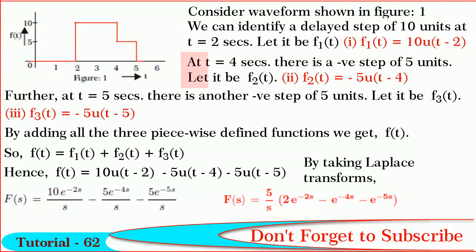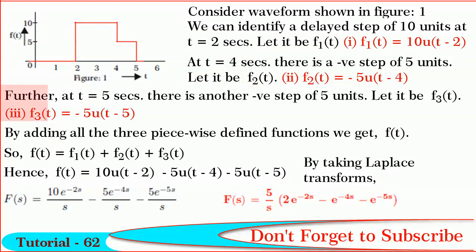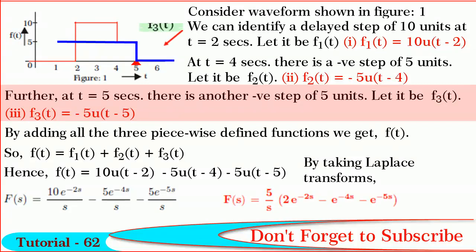But at t equal to 4 seconds, there is a negative step of 5 units, and let it be f2(t), and f2(t) is equal to -5 u(t-4). Further, at t equal to 5 seconds, there is another negative step of 5 units. Let it be f3(t), and f3(t) is equal to -5 u(t-5).